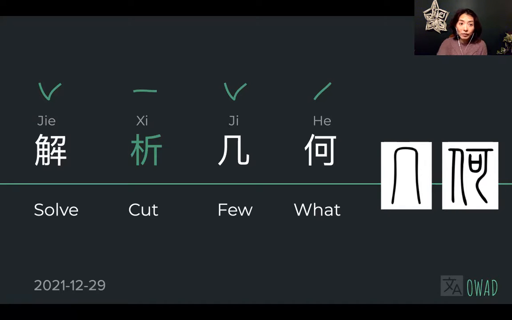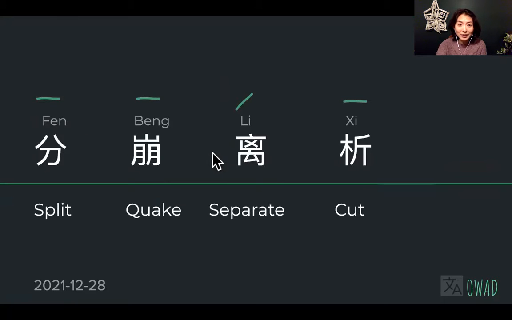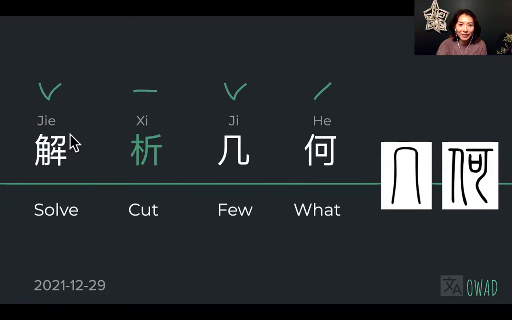角. The top, we have seen a lot of this in 解析几. In yesterday's 分崩离析, we have this knife sign. So you can see this is how we express the knife. And the bottom is the animal bull or ox. In Chinese, we don't really distinguish the two.